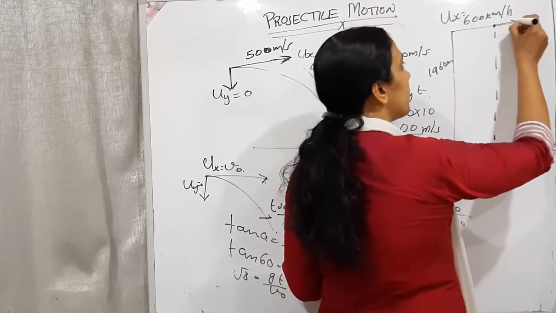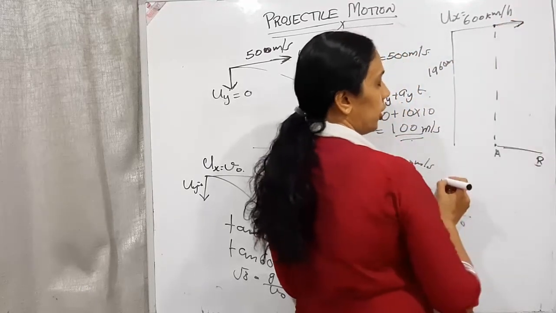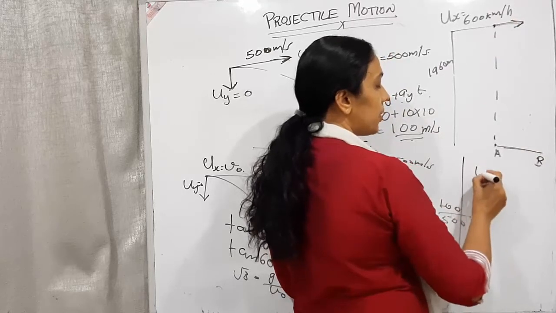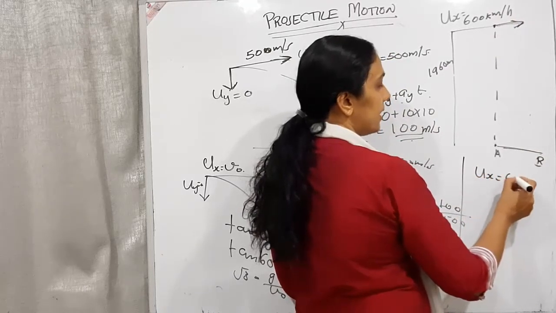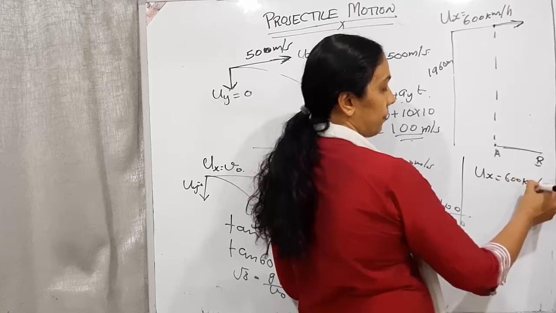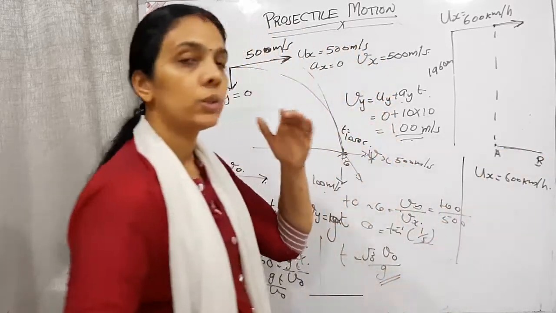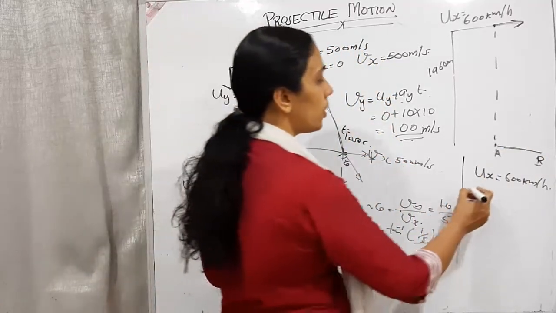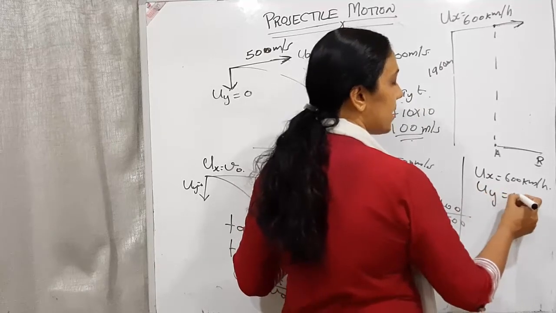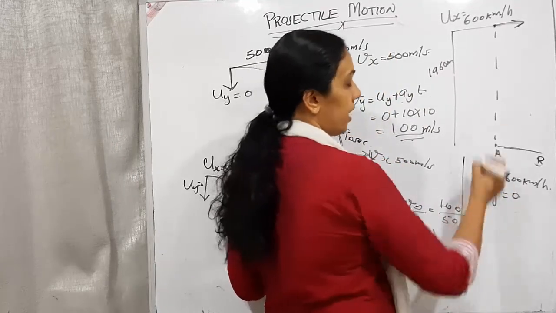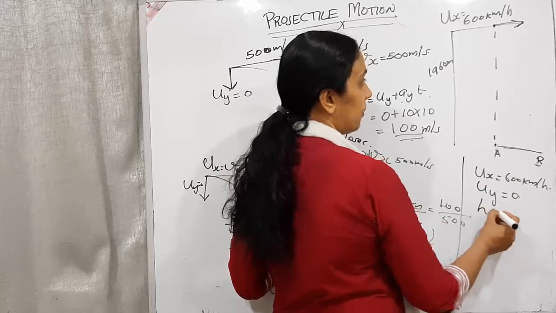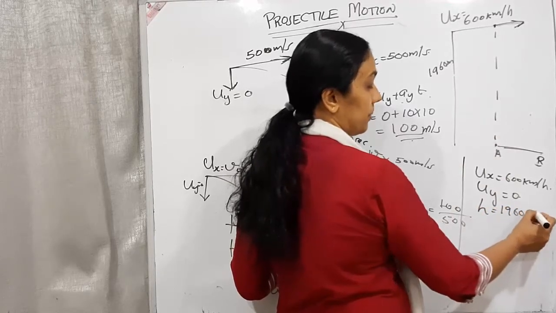So it is moving with a velocity 600 km per hour. So initial velocity is 600 km per hour along the x-axis. What will be the velocity along the y-axis? That will be equal to 0. Now height is given as 1960 meter.